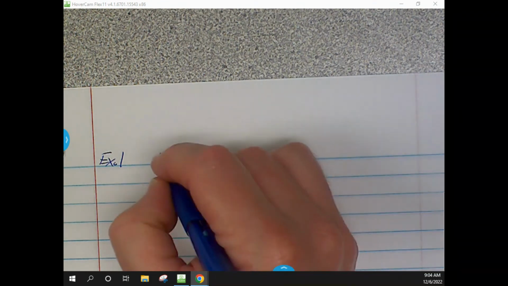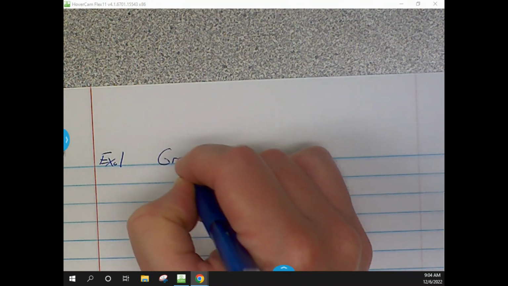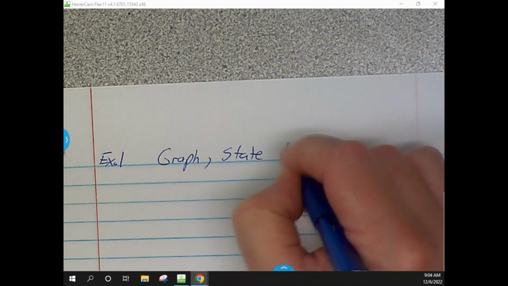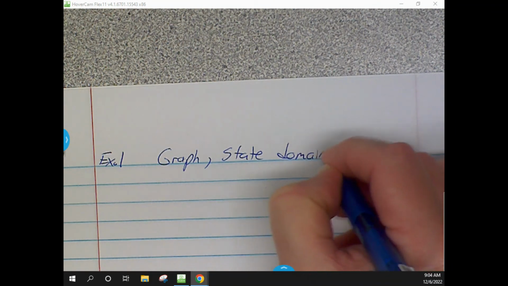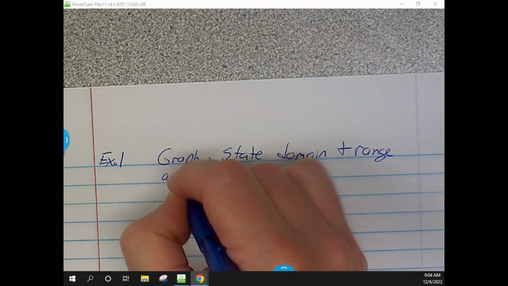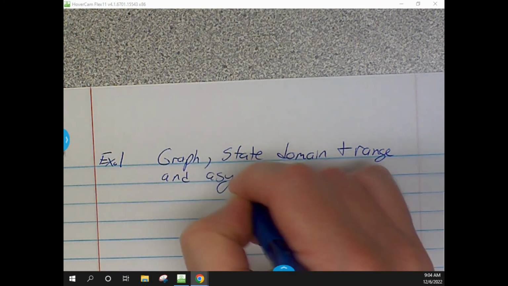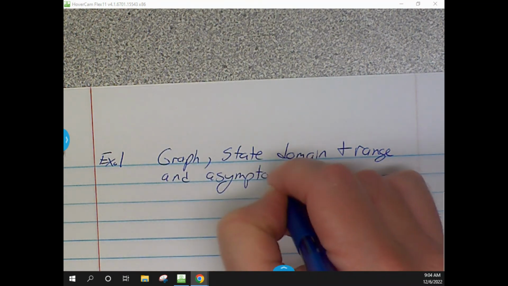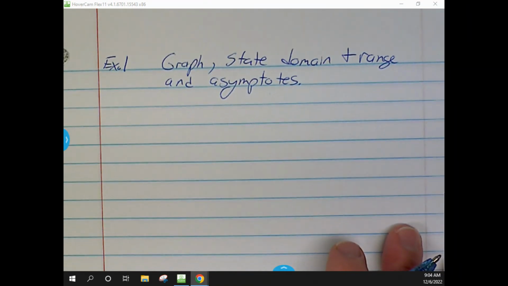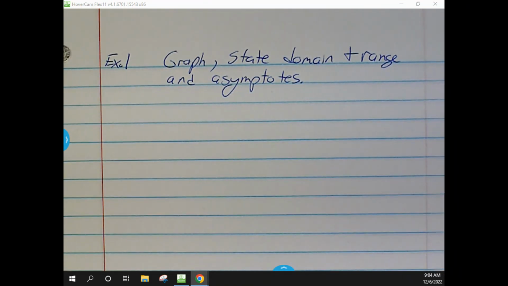Okay, so let's graph it, and we're going to state the domain and range, and we're also going to state what the asymptotes are.